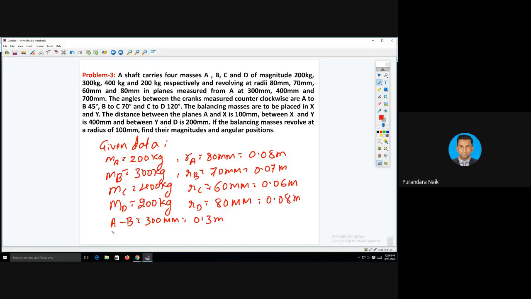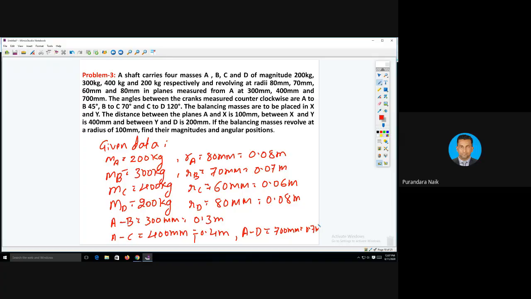All the distances are measured from A. That's why A to C is equal to 400 millimeter, or 0.4 meter. Similarly, the last distance is 700 millimeter, that is A to D, and it is equal to 0.7 meter. So this is the distance.